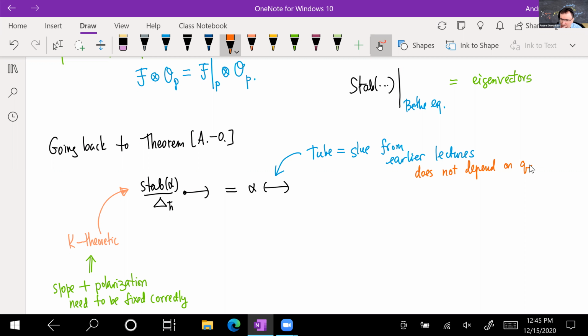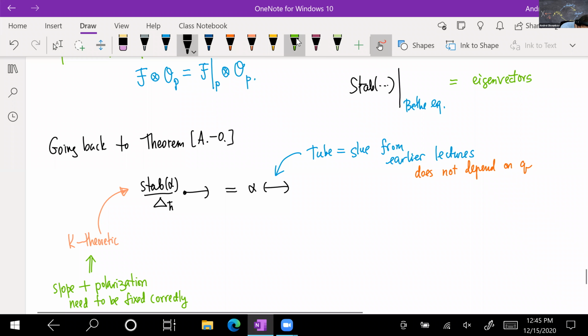It was the argument where we prove that something is a Laurent polynomial in Q, and then we let Q go to 0 and to infinity, and compute that in fact it's constant in either limit, so it is a constant. And so we'll do the same here.